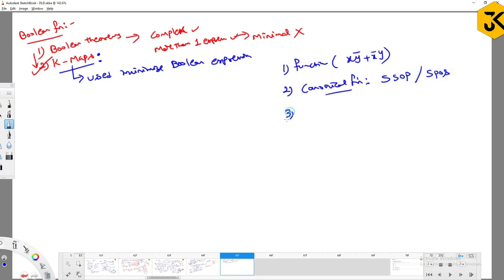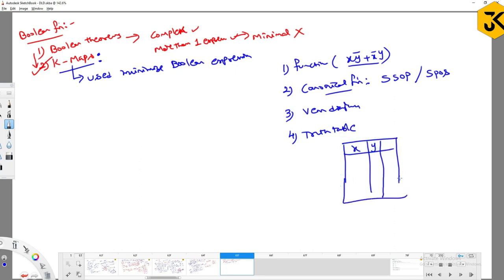This is another way. Another way is I can go with Venn diagrams. Another important way is I can go with truth tables. So if I would like to implement this expression, what is the truth table for this expression? If I am going to have the inputs x and y, your result should be x XOR y. XOR means what? 0 0 as input, 0 1 as input, 1 0 as input, 1 1 as input.